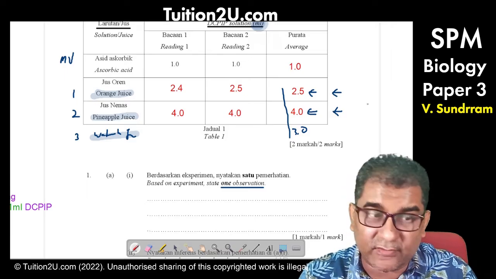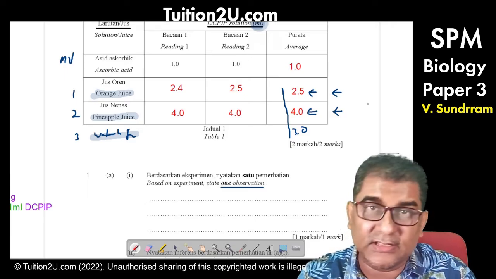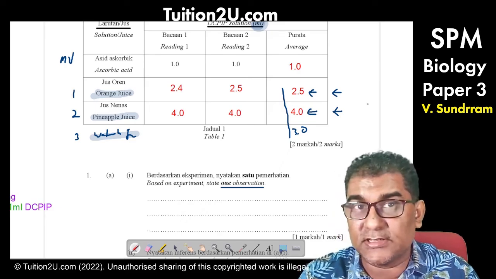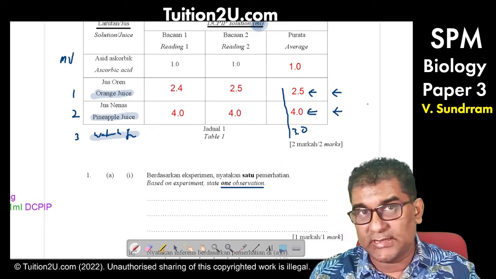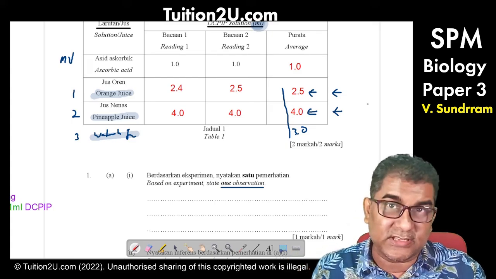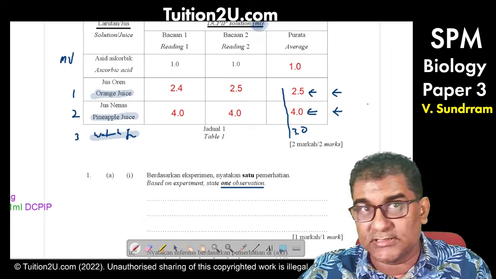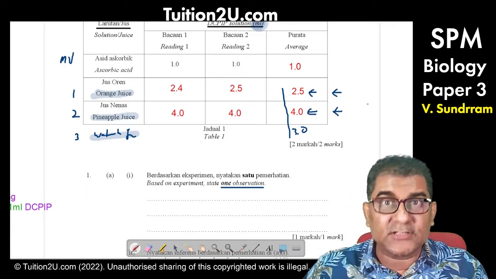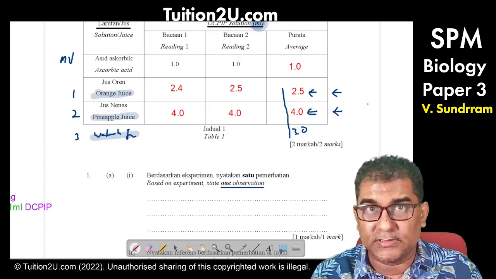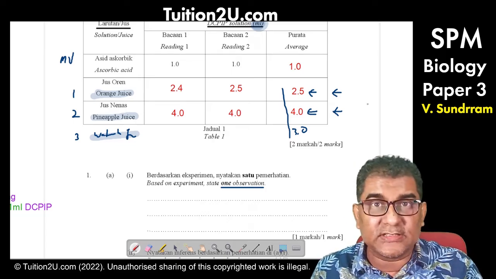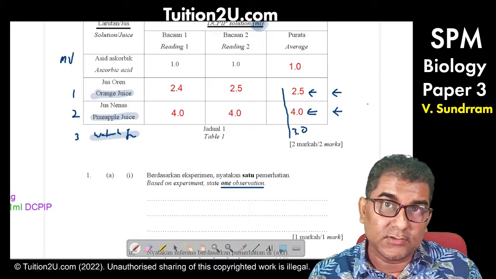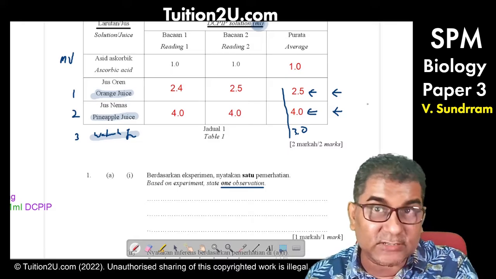For example, if you have temperature affecting enzyme action, we have 0 degrees Celsius, 25 degrees Celsius, 37 degrees Celsius, 45 degrees Celsius. The best observation is 37 degrees Celsius. That is the optimum temperature. So the 37 degrees Celsius will give you the shortest time. The reaction is fastest. So that is why we like that responding variable.